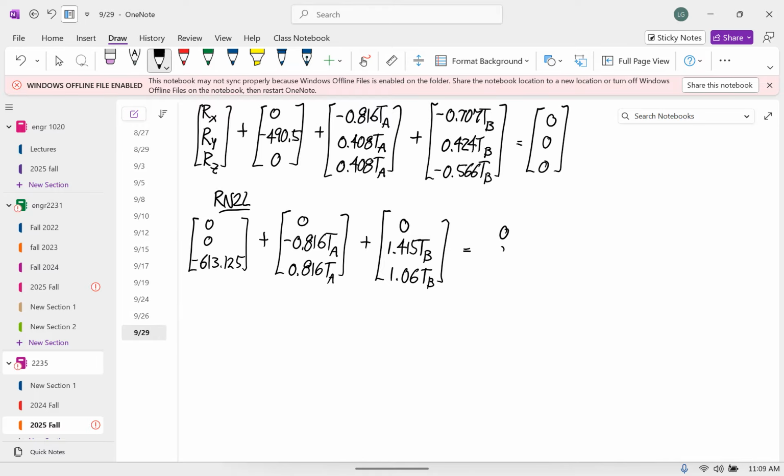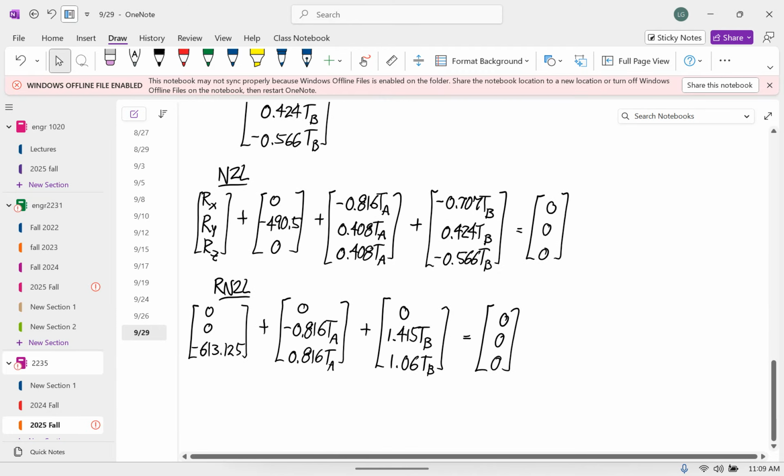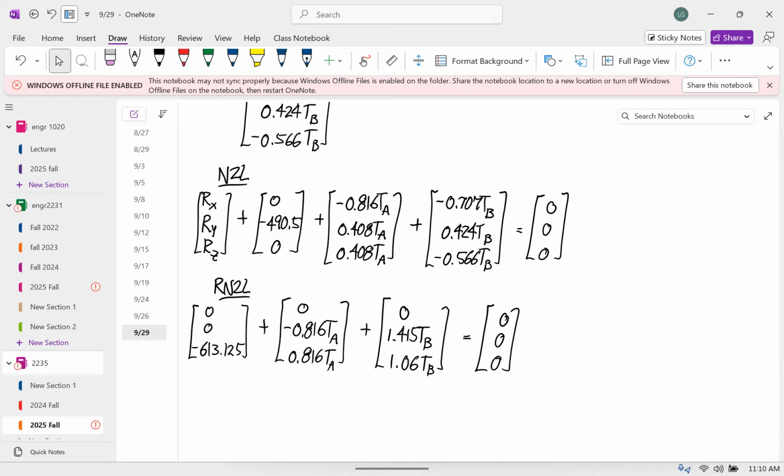And these are equal to zeros. Okay, so we have the 6 equations that we expect from Newton's laws.